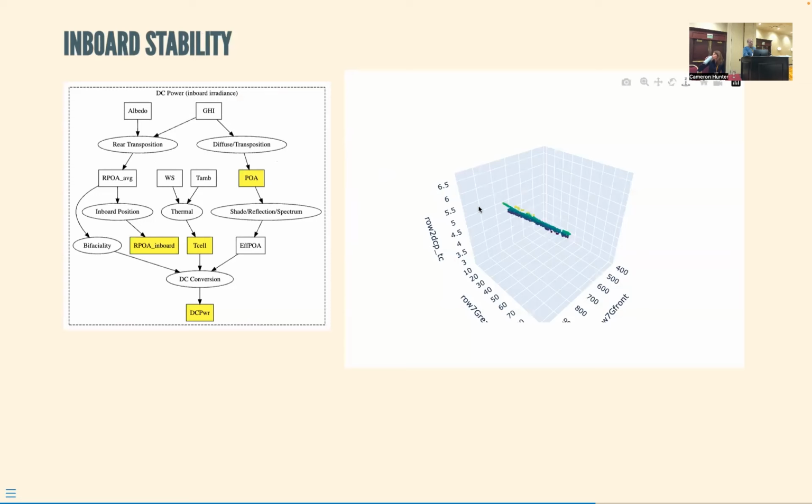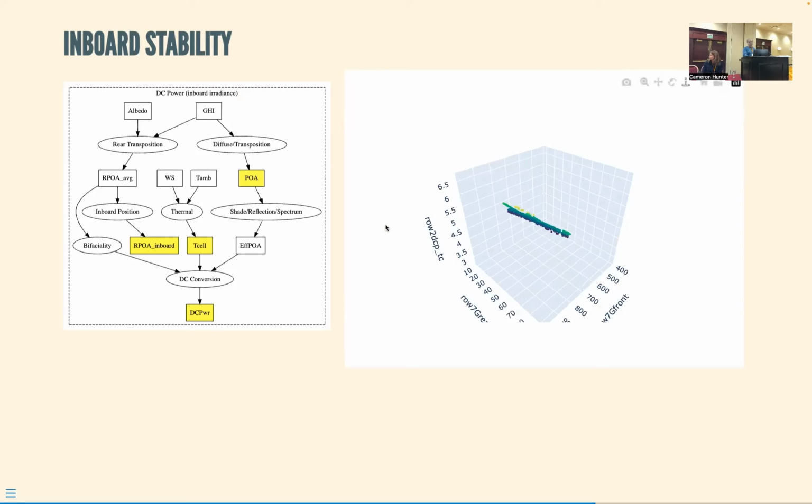So we have some data. I don't have the complete data, but this is correlating DC power, which could be considered representative of the average irradiance, subject to mismatch issues and things like that. Correlating that with the cell temperature.